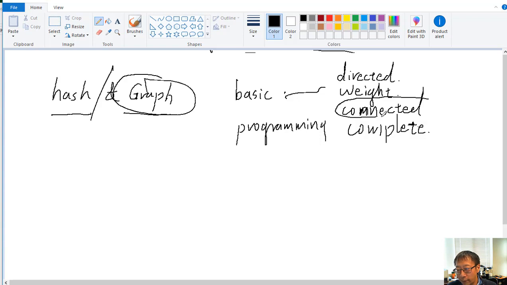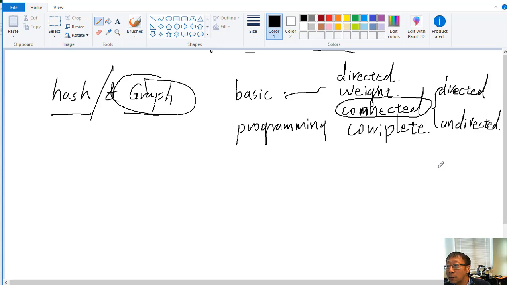When we talk about whether or not a graph is connected, you need to look at the graph and ask, is it directed or undirected? If it's undirected, it's usually easier. The reason is that if it's undirected, that basically means any edge has no direction.